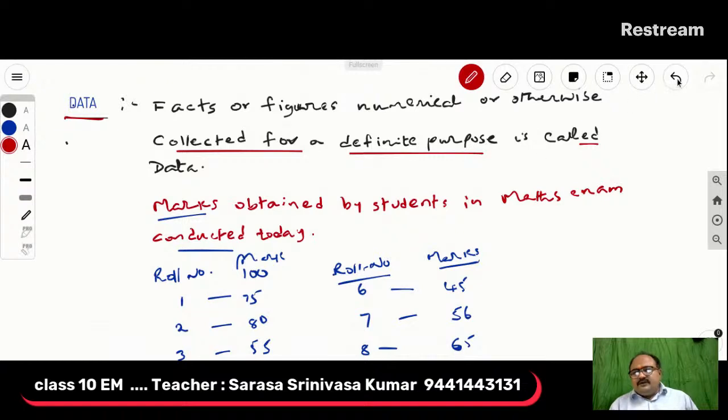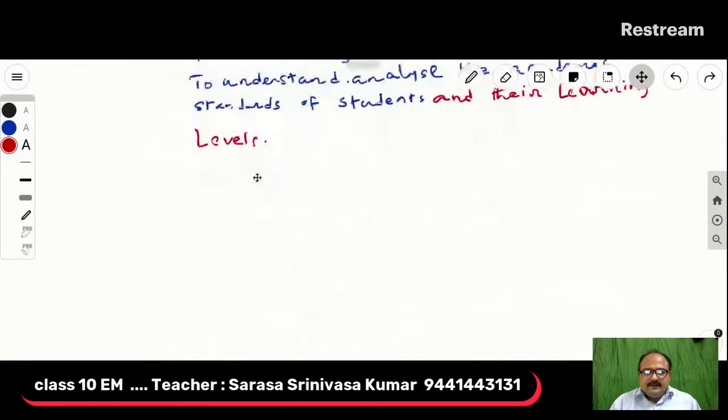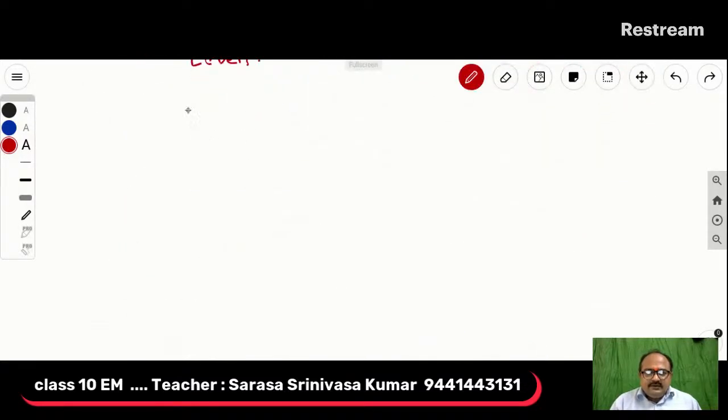If there is no definite purpose, then we don't consider it as data. Now we will write the properties of data. The first one is numerical figures.